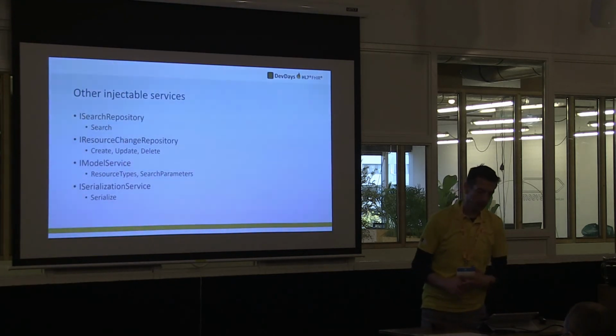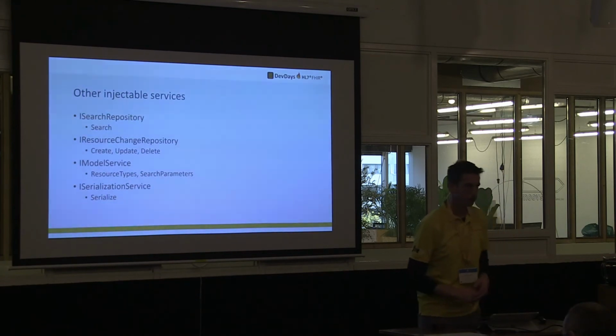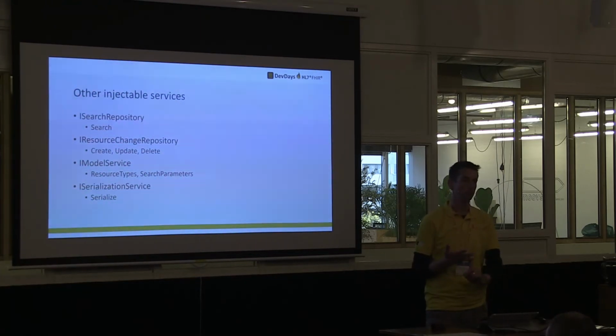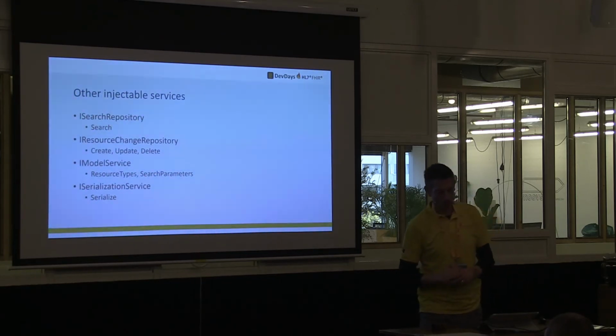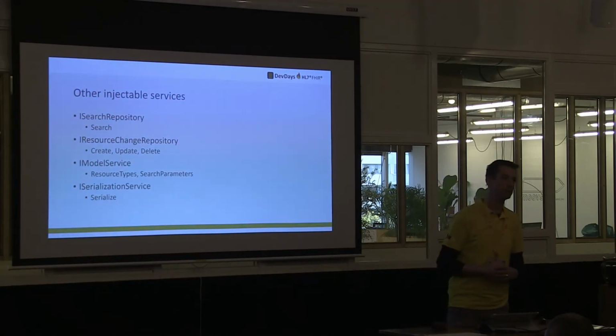Other injectable services that are very important, there are more than these, but these are the most important. ISearchRepository is used for searching data in the database, using the abstractions that we use, so you can use it across SQL Server, SQLite, MongoDB, or a facade. It will not be known to you. The counterpart is the change repository. It creates, updates, and deletes.